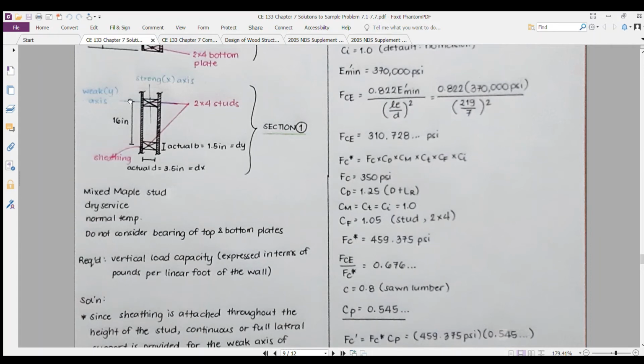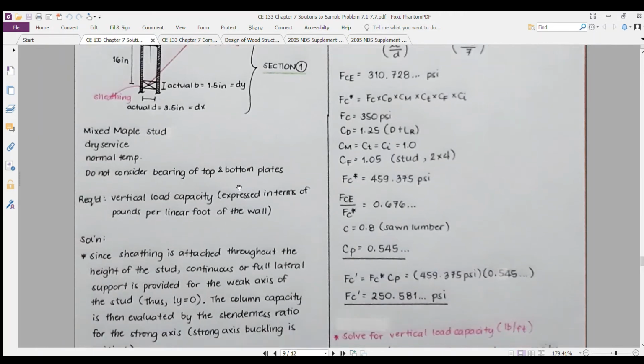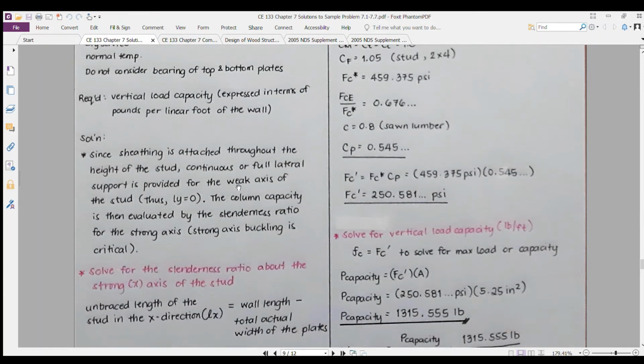So the bending about this axis is the bending along the weak axis. Thus, it will not be considered. Only the bending parallel to the wall sheeting is going to be considered in this case. So in our example, we have the strong axis, so we need to solve for the slenderness ratio about the strong axis of the stud.